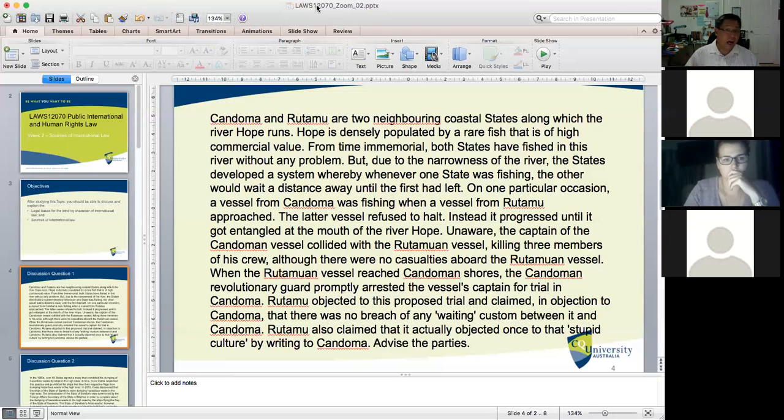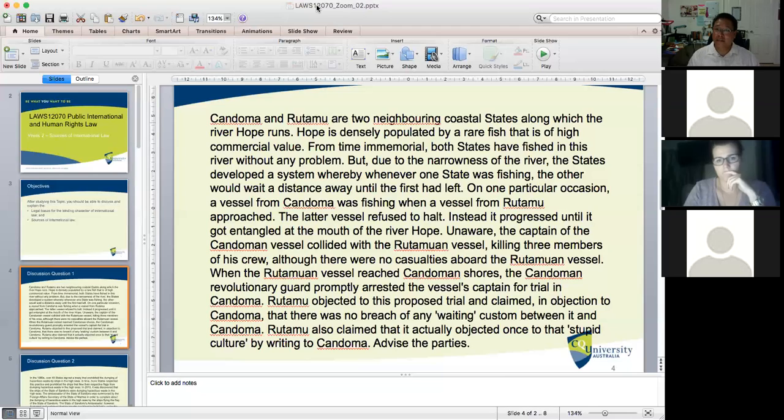Okay, so in this case, I would argue that the bilateral international custom between Condoma and Rotamo has not really arisen, because it could easily be argued that both parties observe that state practice not out of a sense of legal obligation, but because they sensed that was the best way to deal with that subject, either out of courtesy or out of commercial reasons, or using the phrase of Adrian Sotelo, because it's common sense.